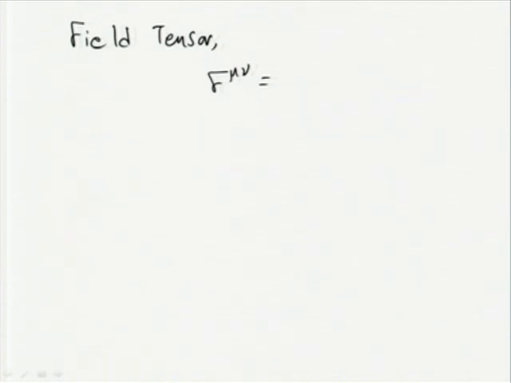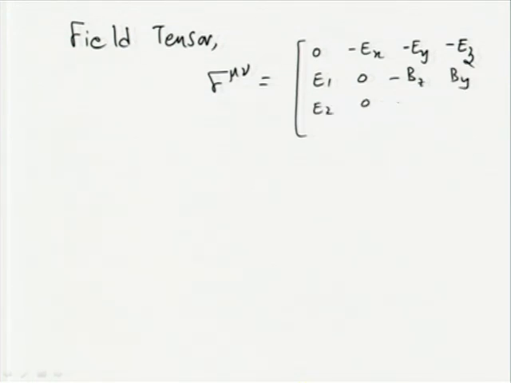It is a second rank tensor, and in matrix form we can write it as: 0, minus Ex, minus Ey, minus Ez; E1, 0, minus Bz, By; E2, Bz, 0, minus Bx; E3, minus By, Bx, 0.